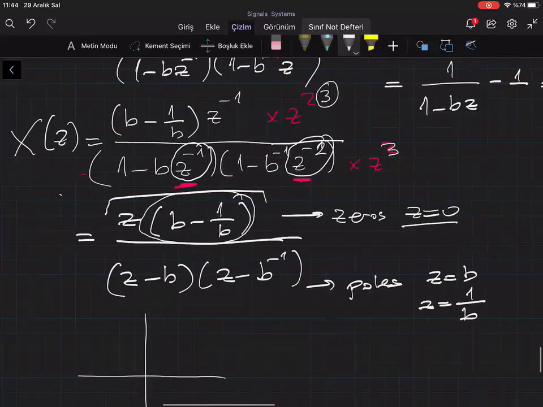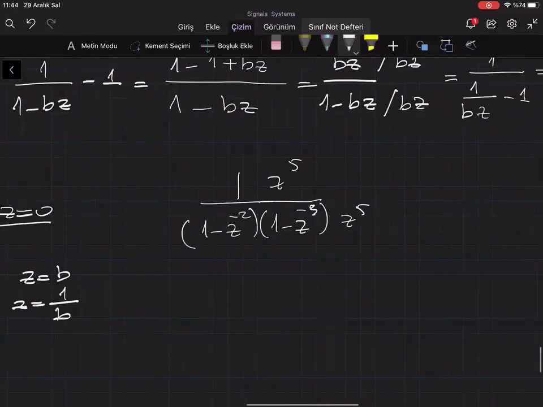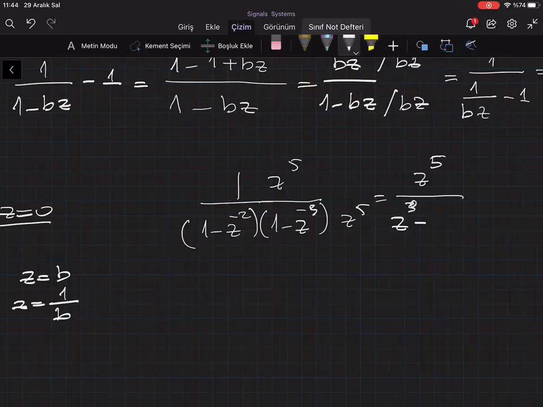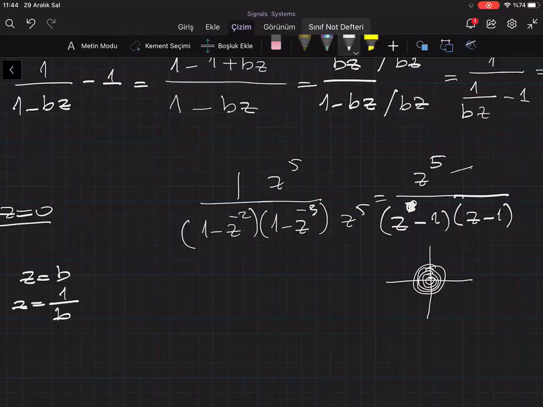So, arkadaşlar, if I have this right now, let's do that. Z to the power 5, z minus 1, z minus 1, z minus 1. So how do I plot these poles and zeros? How do I indicate poles and zeros? Like this: 1, 2, 3, 4, 5. There are 5 zeros.